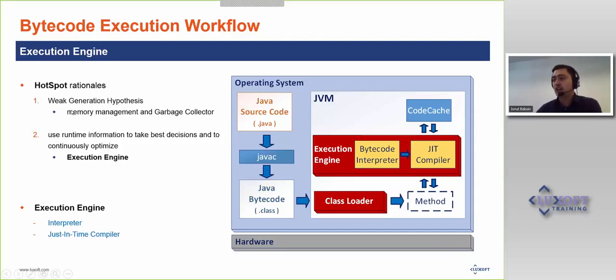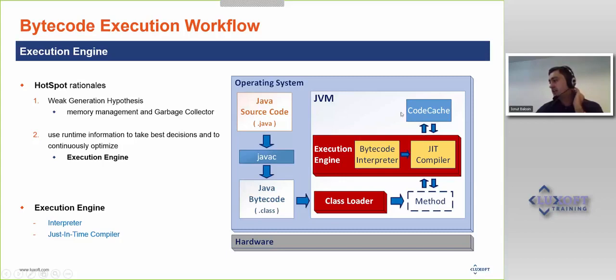And in regards with that, there is another rationale saying that only during the runtime, the JVM can take the best optimizations and decisions in order to highly optimize the code. And this guideline influenced the way of how the HotSpot works, in fact. And inside the HotSpot, for the execution engine, we have the interpreter and we have the just-in-time compiler.